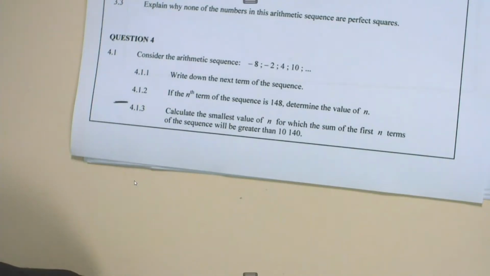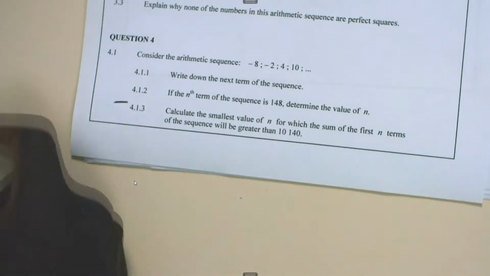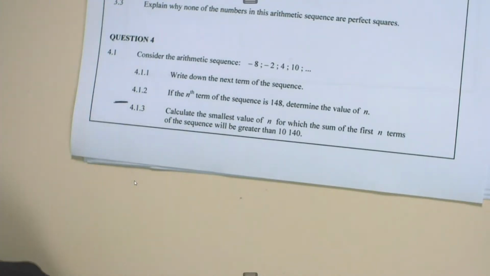Calculate the smallest value of n, for which the sum of the first n terms of the sequence would be greater than 10,140.